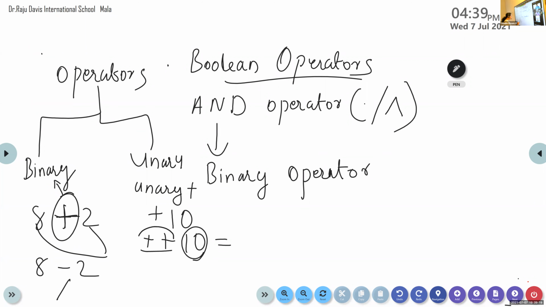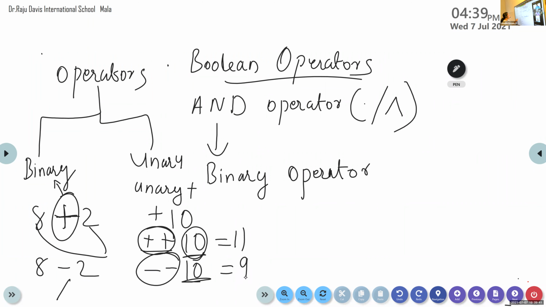Plus plus is the operator, 10 is the operand, and the value is 11. Then minus minus 10 is the decrement operator; it needs only one operand, and the result is 9.